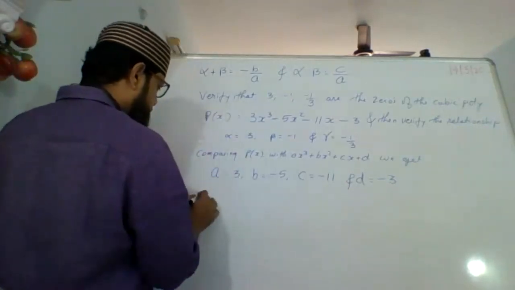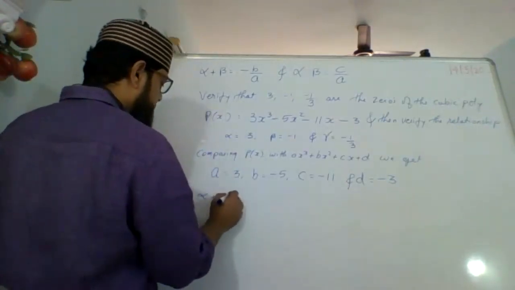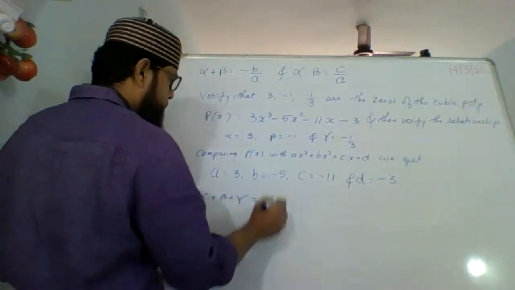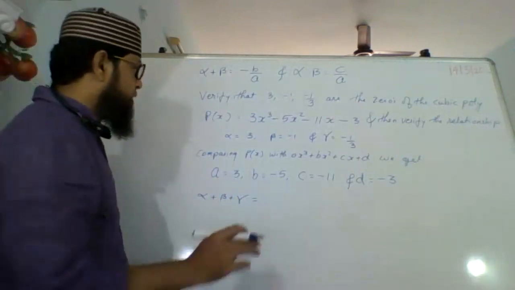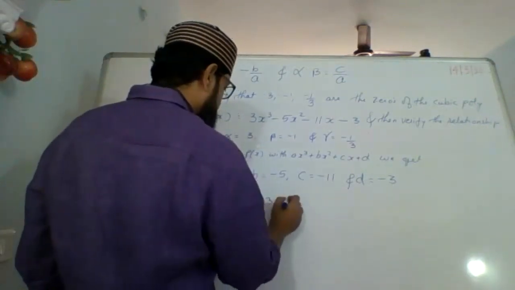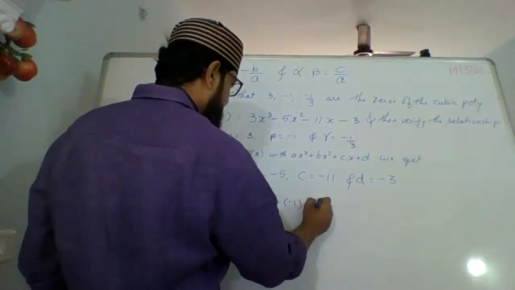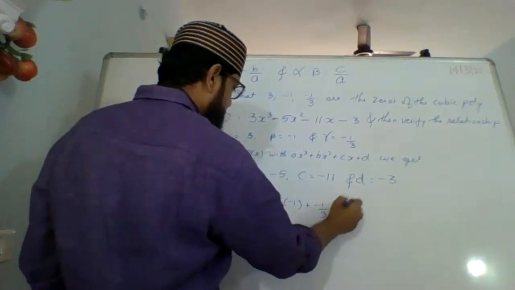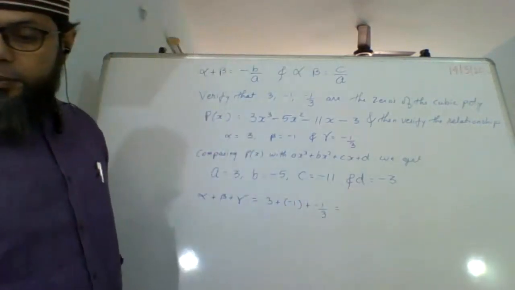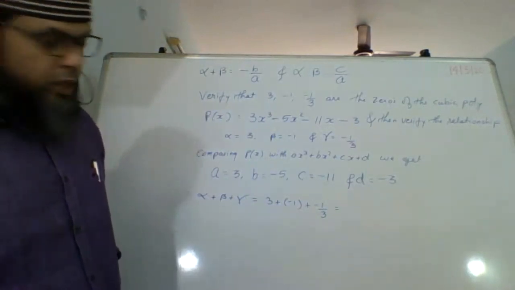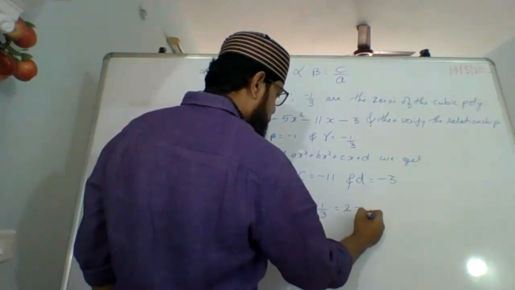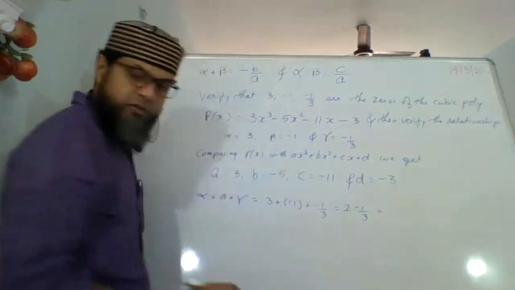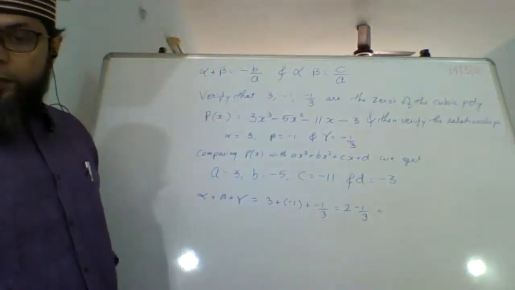So alpha plus beta plus gamma. What is alpha? 3, beta is minus 1, gamma is minus 1 upon 3. How much is that? 3 plus minus 1 will give me 2, minus 1 upon 3.